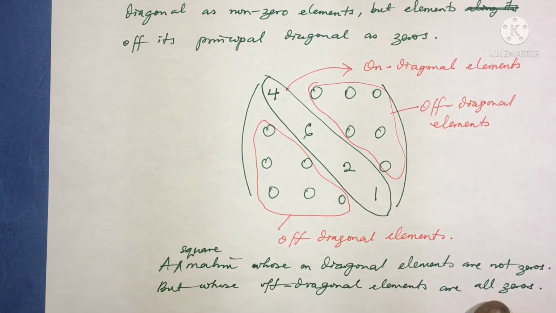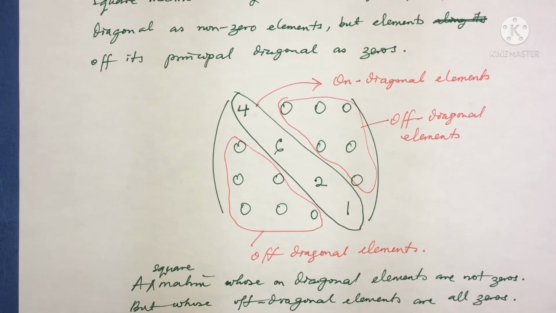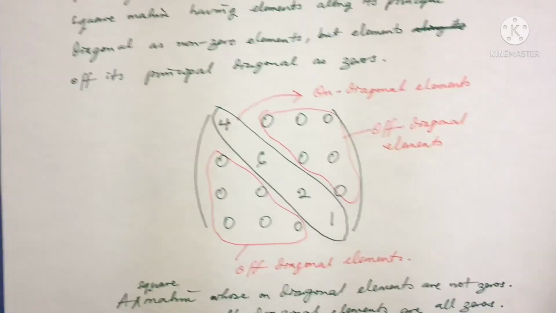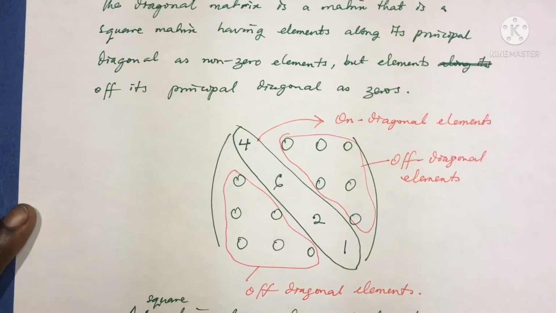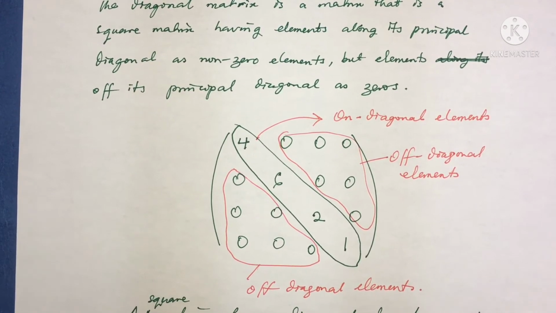Okay, so if a matrix is a diagonal matrix, then its off-diagonal elements must be zeros, but its on-diagonal elements must not be zeros.